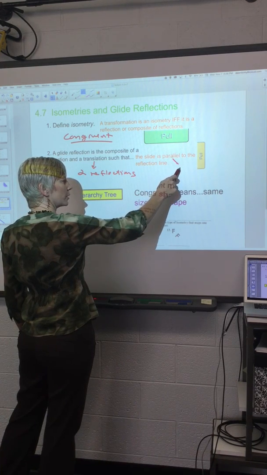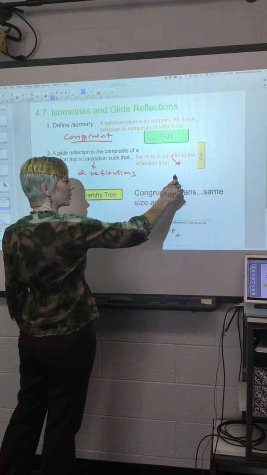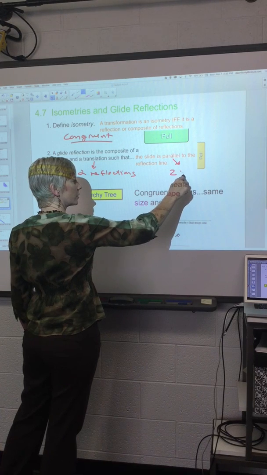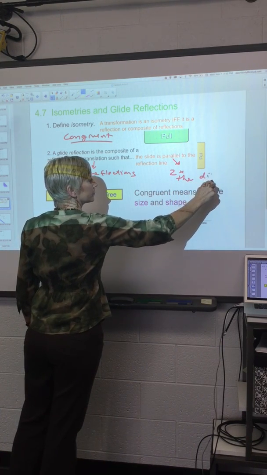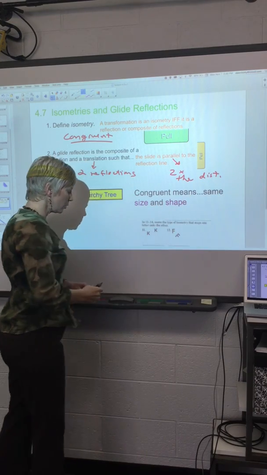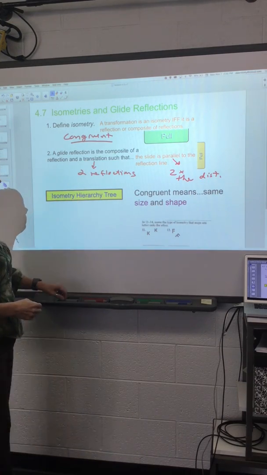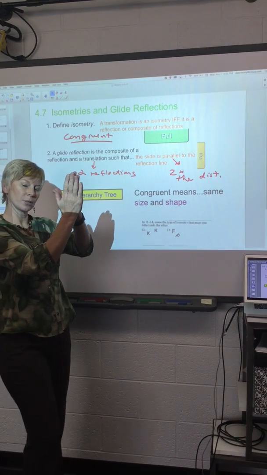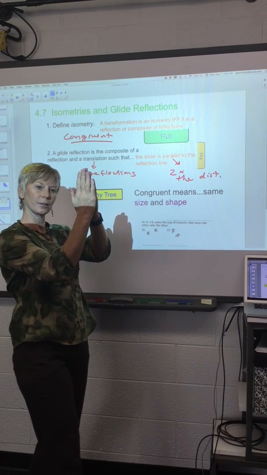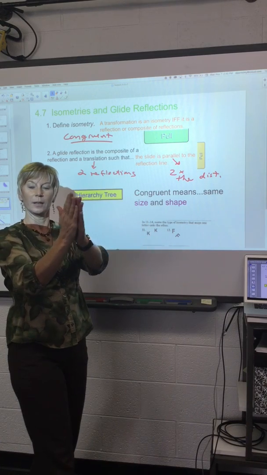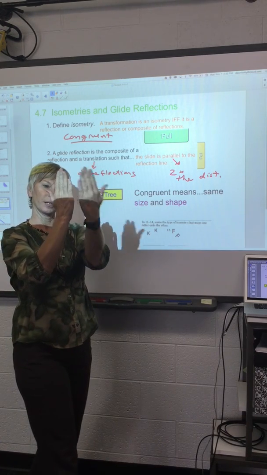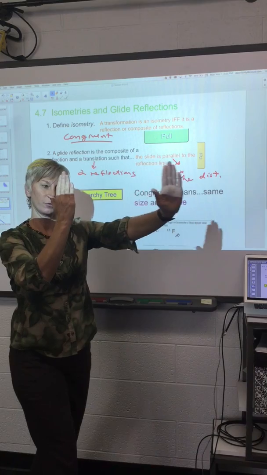And then because it's parallel, we also know something about that whole twice the distance between the lines. Twice the distance between the lines, all right? I think I did this in class with some of you. So this is a reflection. You just reflect over. And then if you reflect and reflect, you slide.